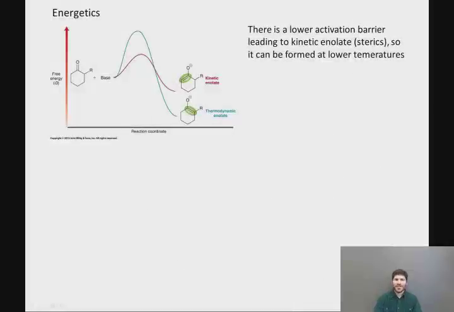So to understand a little bit more about what's going on here, we have an energy diagram. Okay, so this is potential energy versus reaction coordinate. The deprotonation reactions are going to go, but as you can see from the energy diagram, there is a lower activation barrier leading to the kinetic enolate, and that's because of sterics. So it can be formed at lower temperatures.